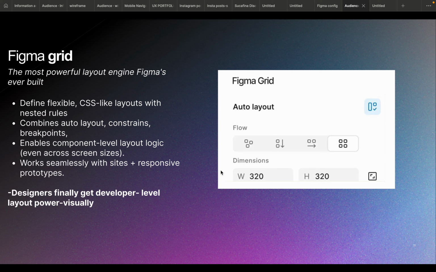and it will align the designs with CSS grid properties so that it will be easy for us to hand off to the developer, and this will also help us in responsive prototypes. This is currently available in open beta, and it is fully accessible if you are using a paid plan.